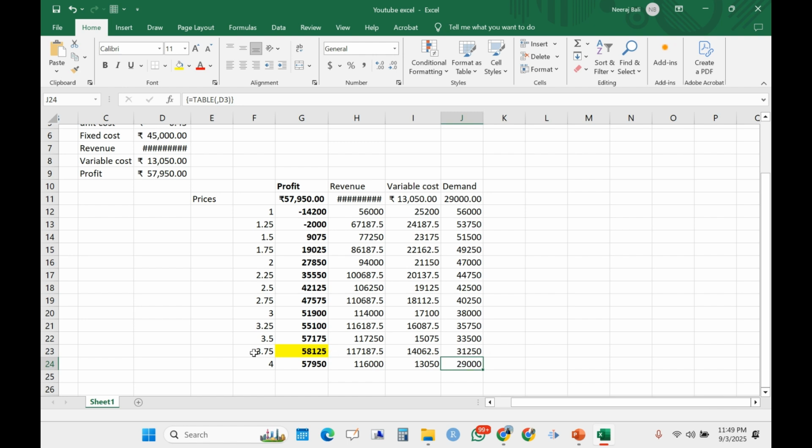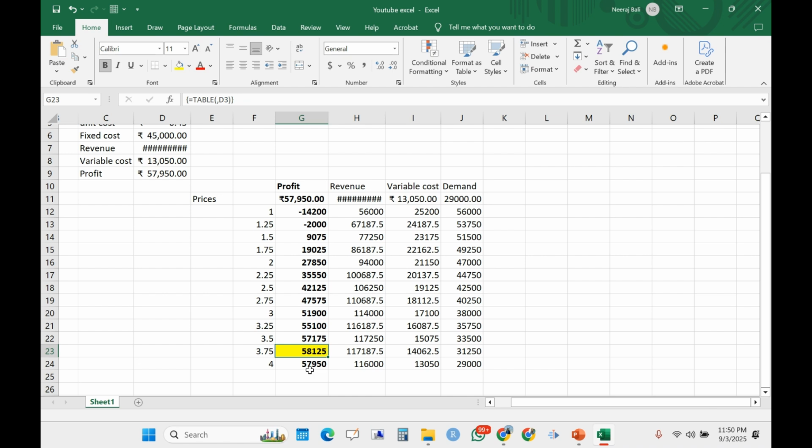That means if after 3.75 the price increases, the profit will reduce. Why is the profit reduced? Because the demand has dramatically reduced, and this is the limit at which I should stop, because after 3.75, if I make it 4, the profit has reduced.